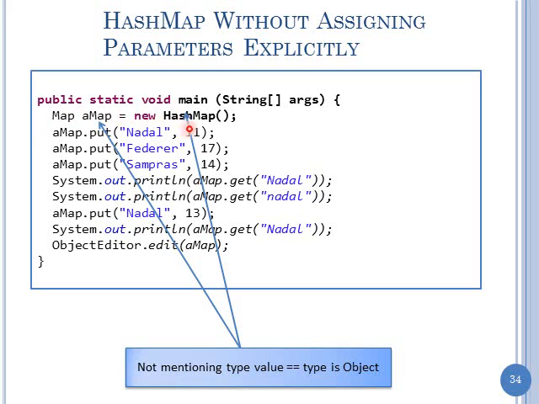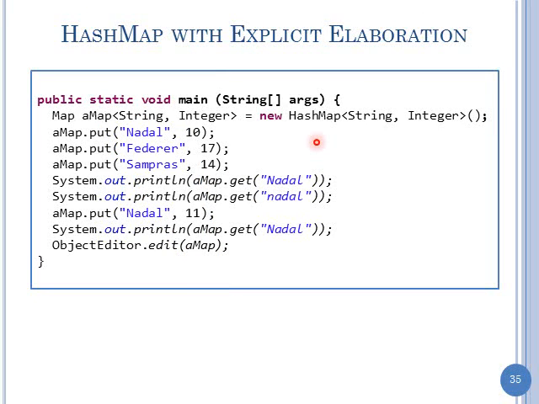A map and a hash map are both generics. They take those two parameters I talked about, and I'm elaborating them without any parameters. So what does it really mean for those of you who don't know generics? What could it mean? Object. If you omit them, it means object, and it's screaming at you and saying you should do better. You don't want it to scream, so you say, I have a map of string and integer, and string and integer here too.